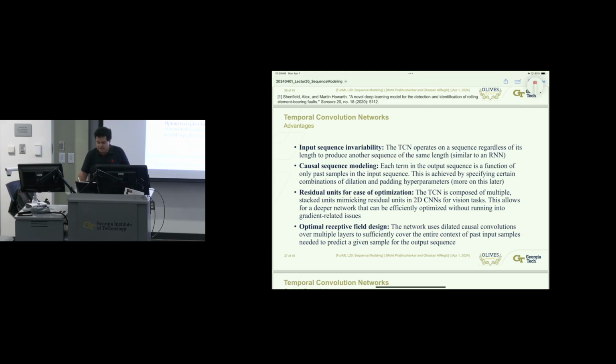Input sequence invariability. Again, this is dependent on the fact that your convolution is looking for templates. It learns the kernels, and it tries to find these kernels as templates within your input image. This is a very important phrase here, which is causal sequence modeling. If you were to go online and type in causal machine learning or causality in machine learning, there's a very deep rabbit hole that leads into things like structured causal models, interventions, and so on.